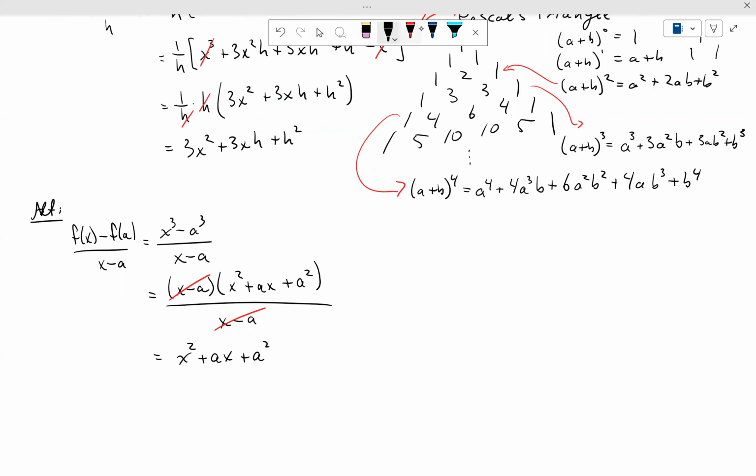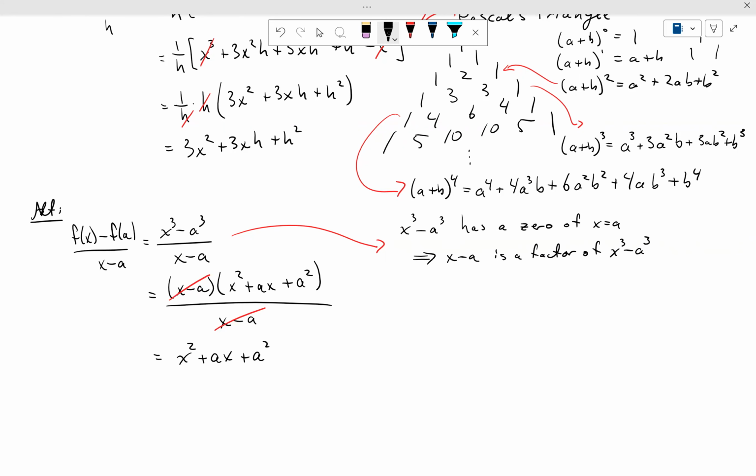Now you might be asking, why can you even do this factor? Well, one of the things is that a is a 0 of that cubic on the top. That x cubed minus a cubed has a 0 at x equal to a, which, using your knowledge of polynomials, is going to yield that x minus a is a factor of x cubed minus a cubed.